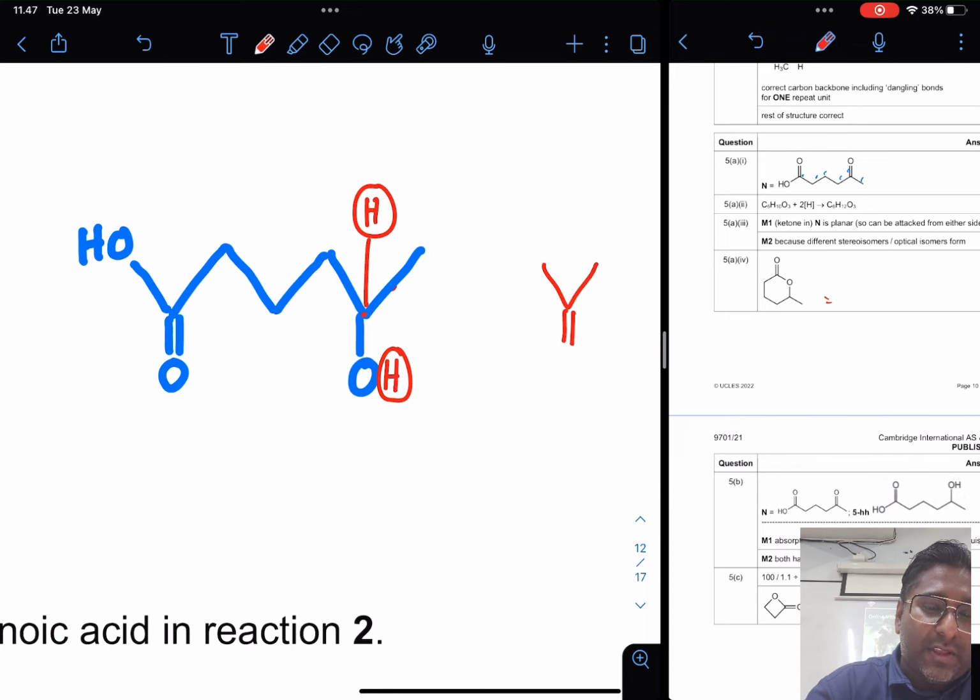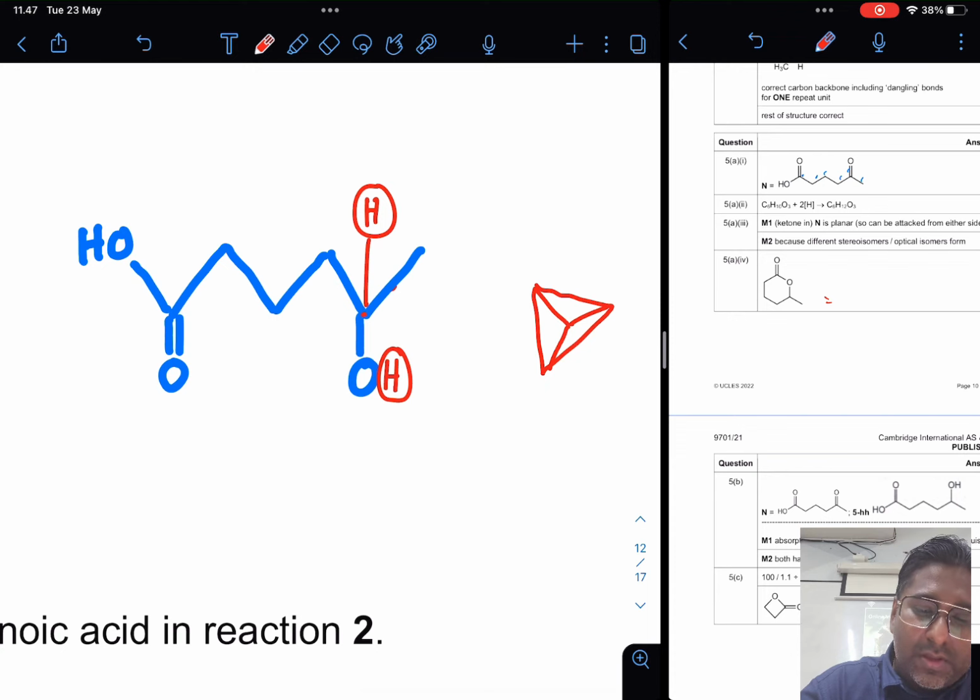So this planar molecule can be attacked by the nucleophile from 2 different directions. If it is planar, let's say you have 3 bonding pairs, it's a planar molecule. So I can attack from the top, I can attack from the bottom. So that is going to be the explanation.